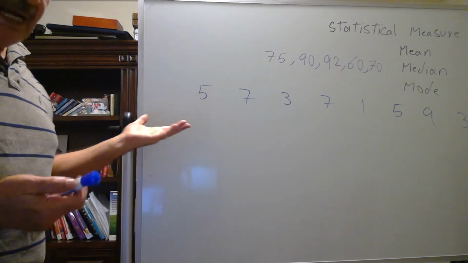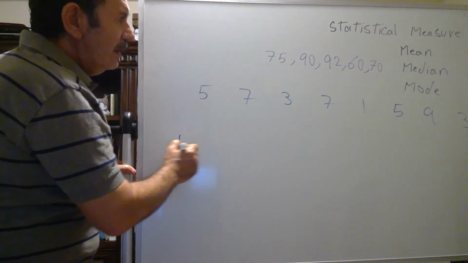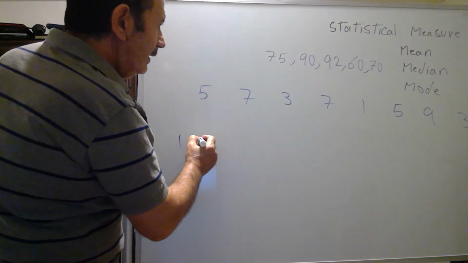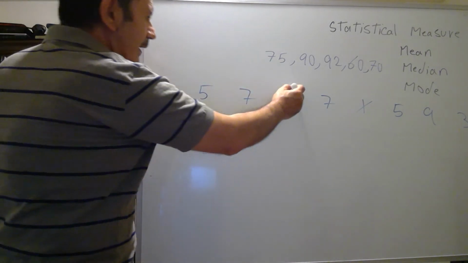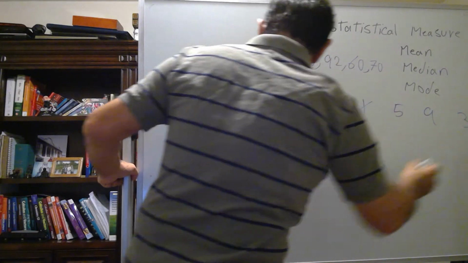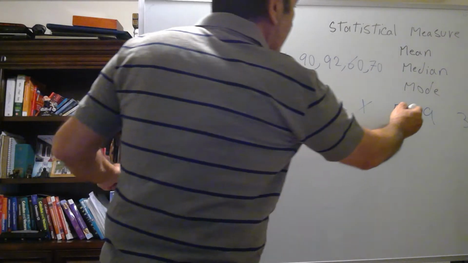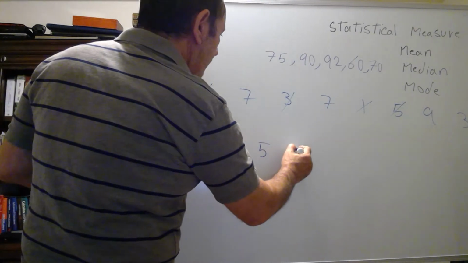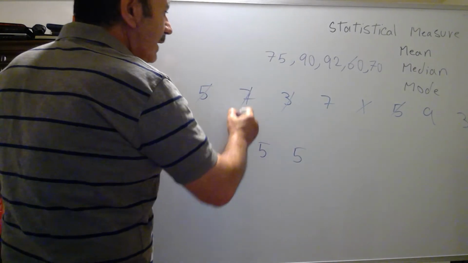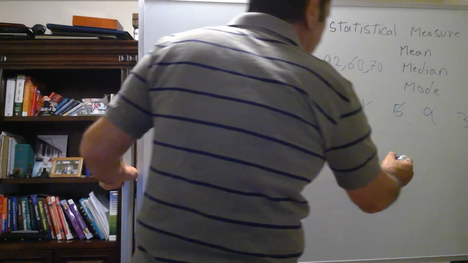If I arrange it, can you see how it's going to be easier? It's 1, then we have 3. I'm crossing these ones to not skip any. Then we have 3, another 3, and then 5, another 5, and 7, another 7, and 9.